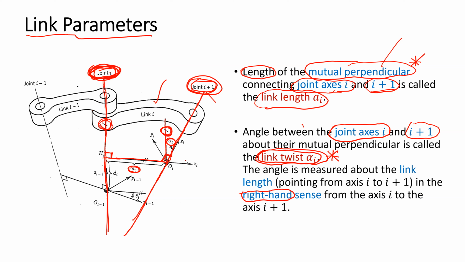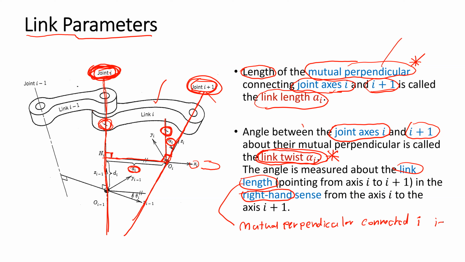It means you need to use your thumb in the direction of the mutual perpendicular that connects joint i to joint i plus 1.